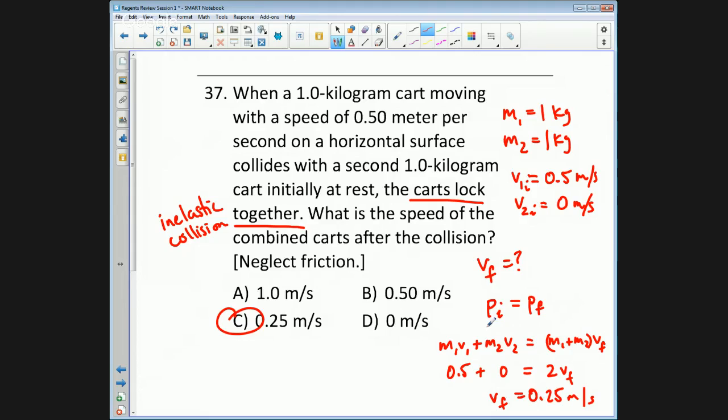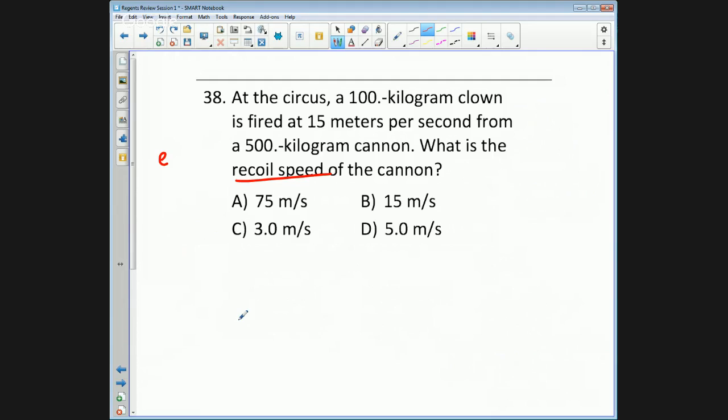What you do need to know, which is on your reference table, is that P initial equals P final. This means your total momentum before equals your total momentum afterwards. There's nothing really you have to memorize for the physics Regents except for a few concepts like conservation of momentum. So for number 38, this is another conservation of momentum problem.